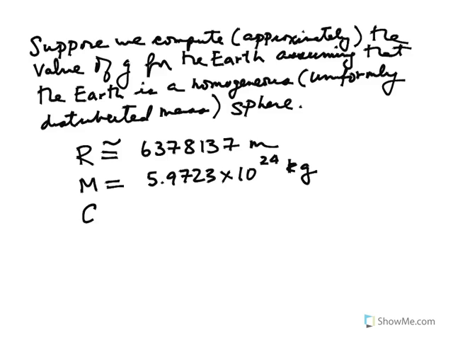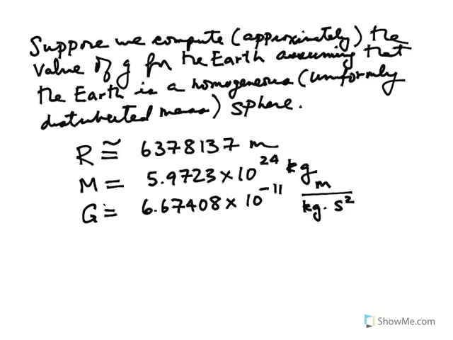And Newton's universal constant of gravitation is equal to 6.67408 times 10 to the minus 11 meters cubed per kilogram seconds squared. And these, of course, are all approximations.